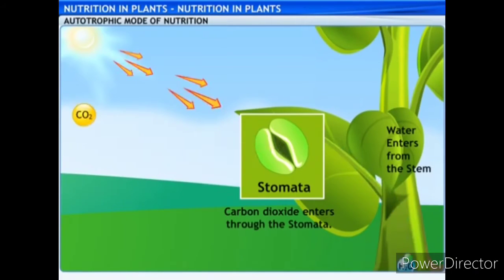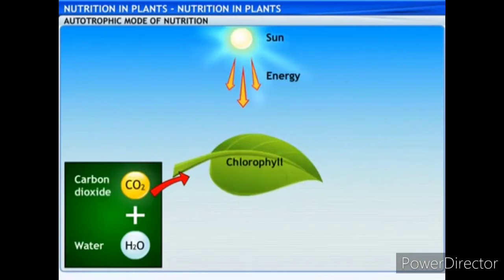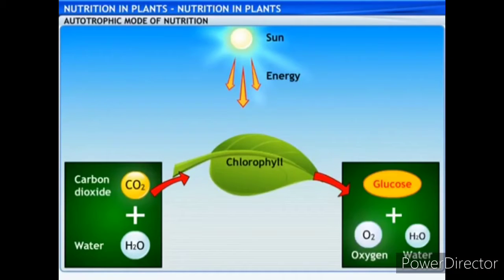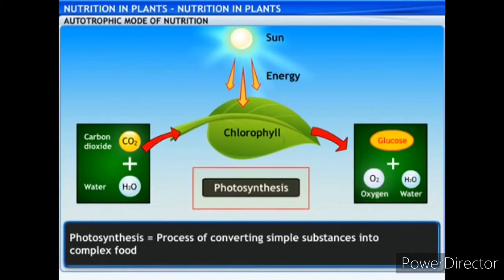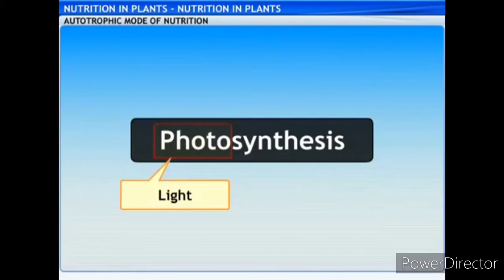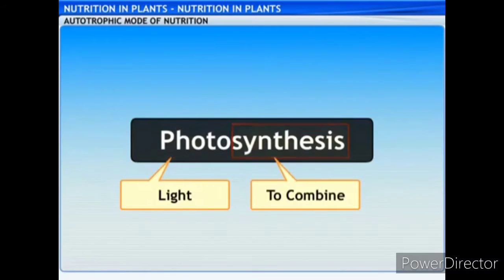Plants need carbon dioxide, sunlight, chlorophyll and water molecules to prepare their food. This process is known as photosynthesis. The process of converting simple substances into complex food is known as photosynthesis.